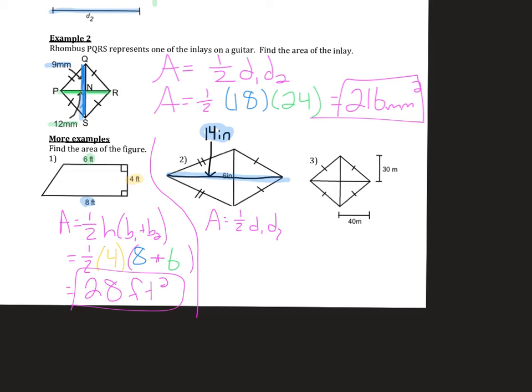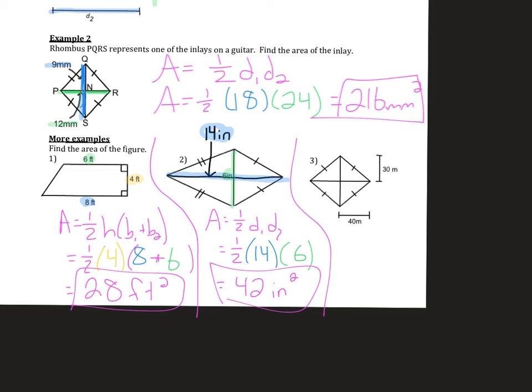Isn't the best way to mark it, but that is referring to that entire diagonal. The other diagonal is this right here, and that's what the 6 is referring to. So this diagram is not the best possible one. I apologize for that. So 1/2 times 14 times 6 will give us 42 inches squared.